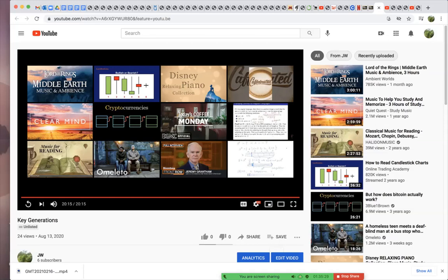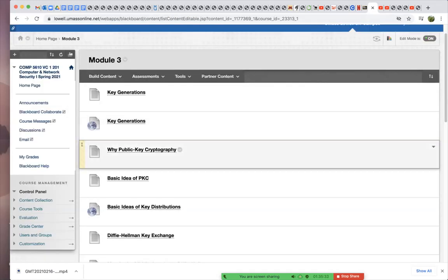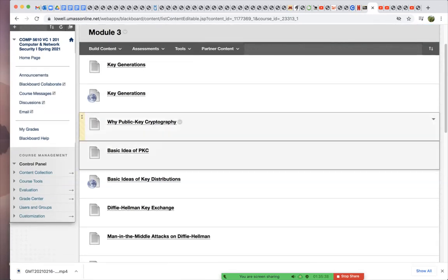That is the topic of public key encryption. So now let's start public key cryptography.